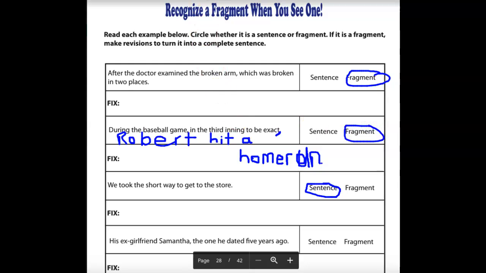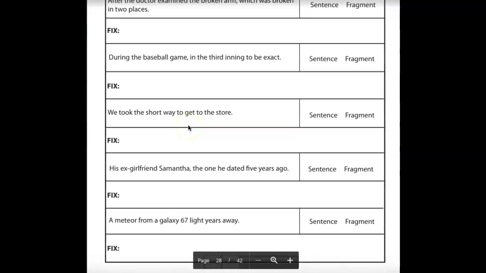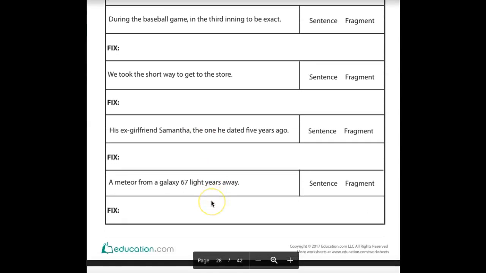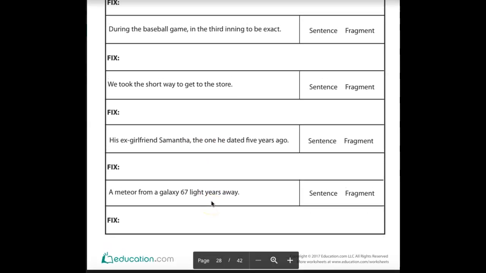All right, so I'm going to move this up and I'm going to read the last, oh, there's only two left. So I'm going to leave those for you to do. I'll read them, but then you're going to mark them. His ex-girlfriend Samantha, the one he dated 5 years ago. Well, is that a complete thought? Think about that and whether you need to fix it. His ex-girlfriend Samantha, the one he dated 5 years ago.